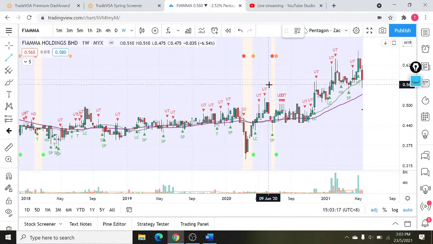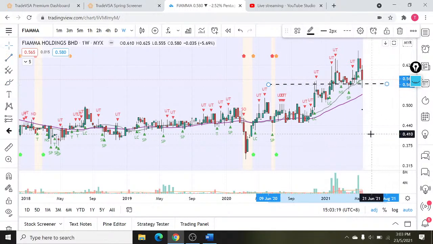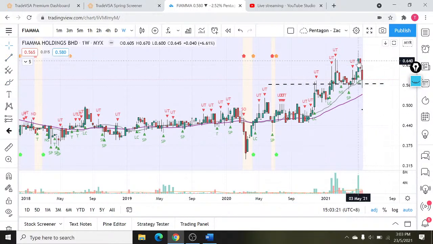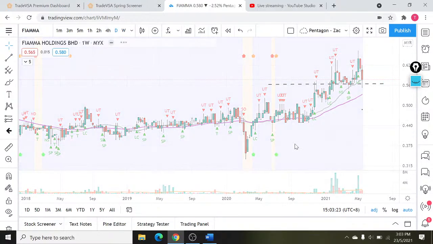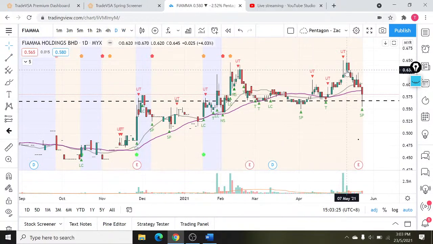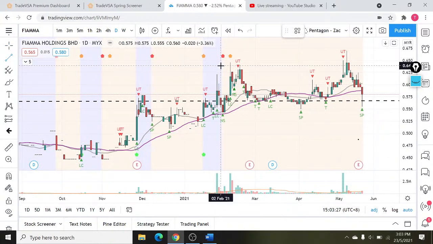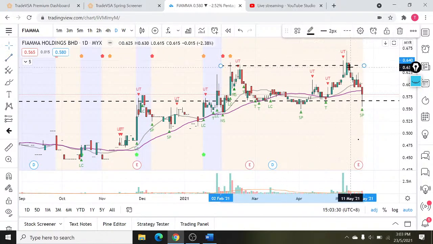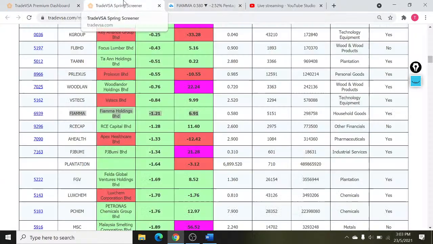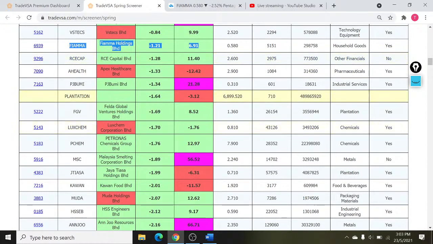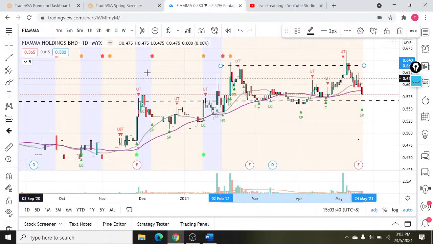So here we got NS with spring. This is the weekly, so we got pocket pivots. Go back to the daily chart here. Again, pocket pivots somewhere around here, hitting the resistance there, and then pull back with a spring. Kind of similar to the stock with last cam that we just discussed.